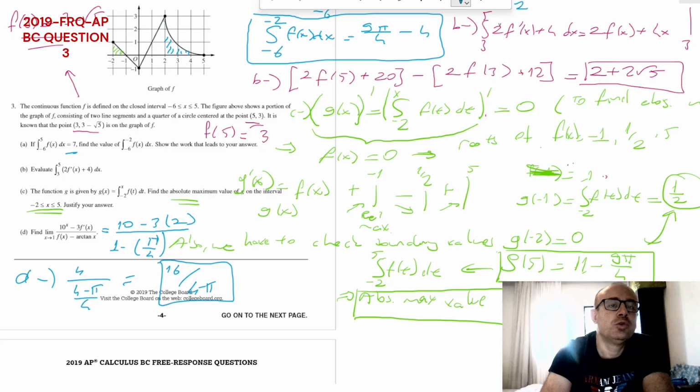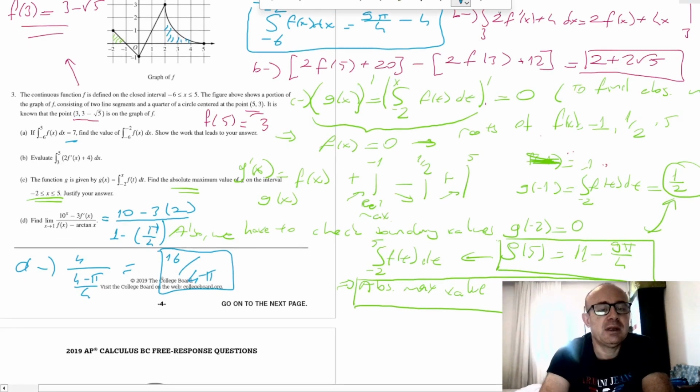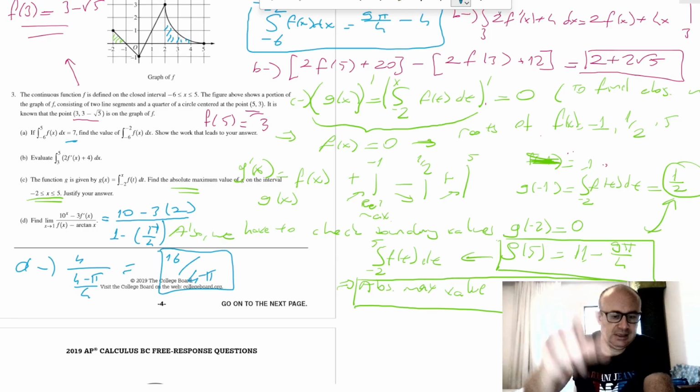The rise in y coordinate is 2 units and the run in x coordinate is 1 unit. 2 divided by 1, this is equal to 2. Therefore, our derivative at 1 must equal 2. And the answer for part D is 16 divided by 4 minus pi. And that's the end of the third question. See you in the next video.